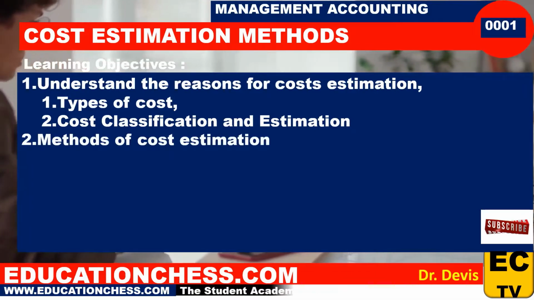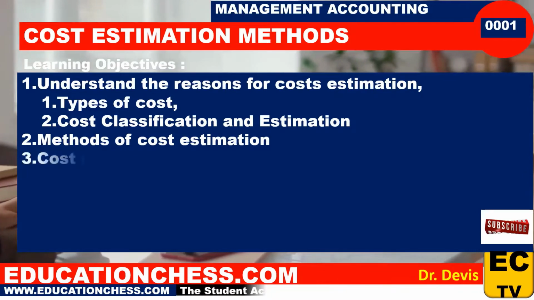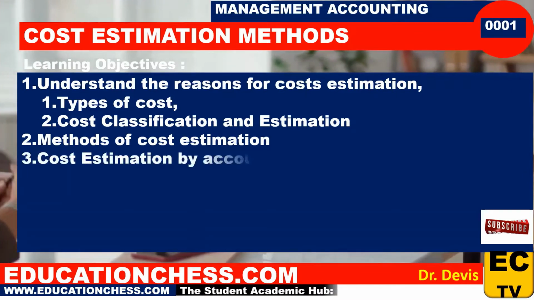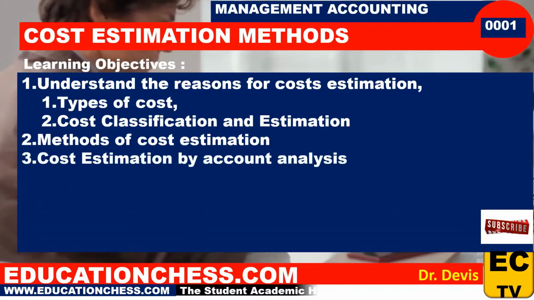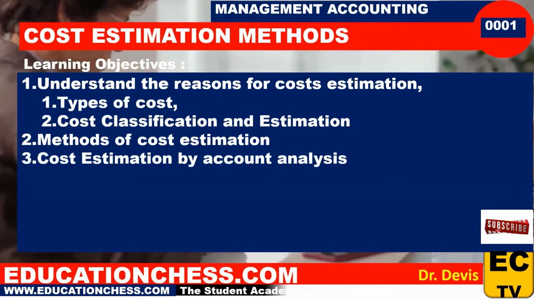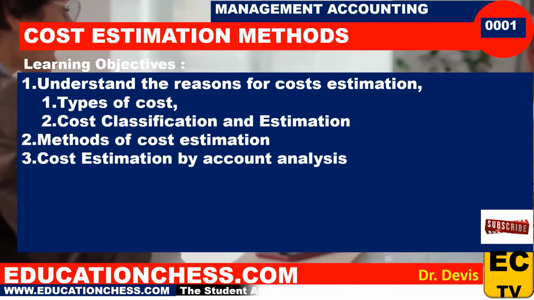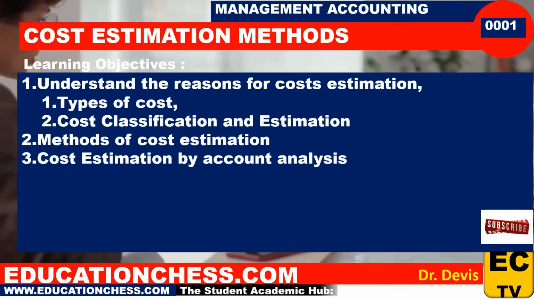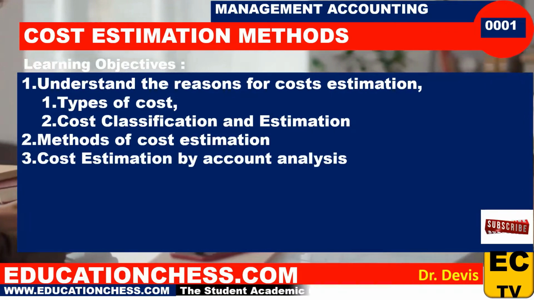fixed cost? Methods of cost estimation, we have said that we'll look at different methods that are used in estimating costs. And first, we'll look at, in this class, the estimation of costs by account analysis. We analyze different types of accounts provided from the financial reports.